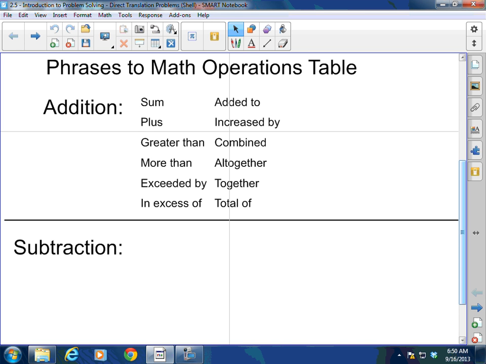For example: sum, plus, greater than, more than, exceeded by, in excess of, added to, increased by, combined, altogether, together, total of. Anytime you see these key words, think addition.